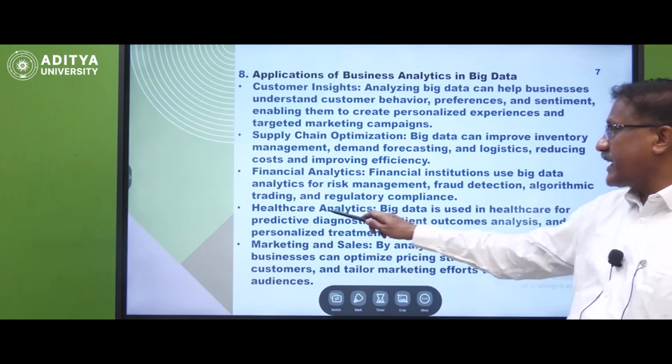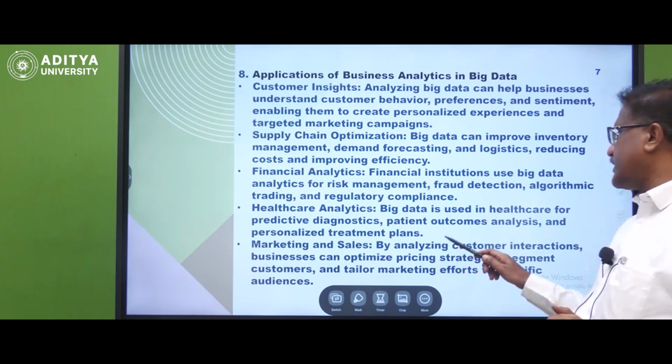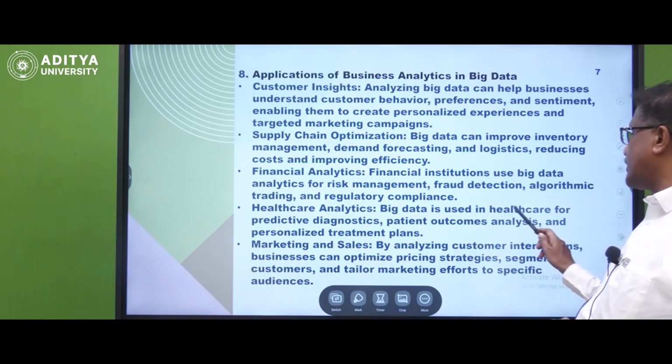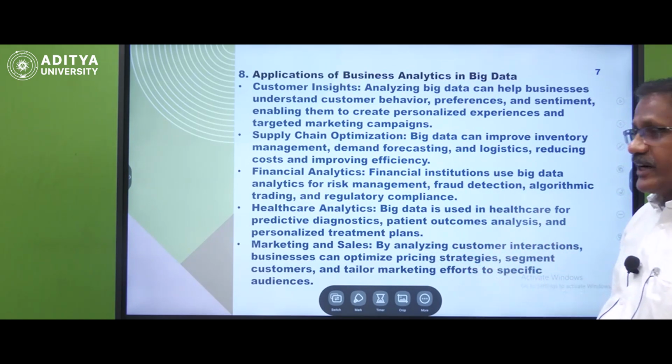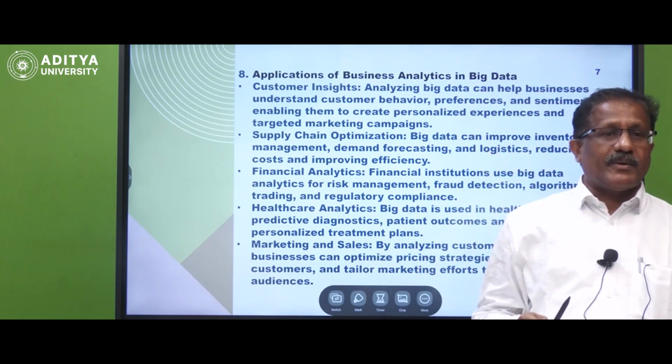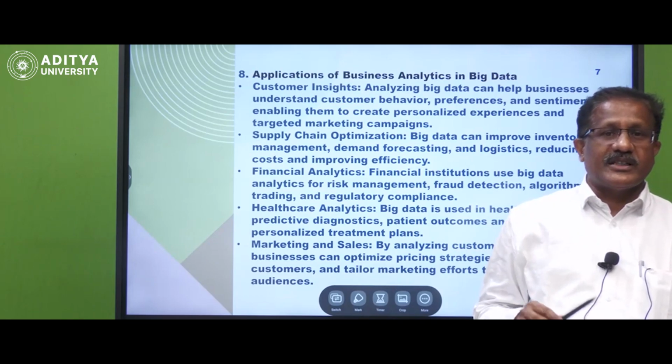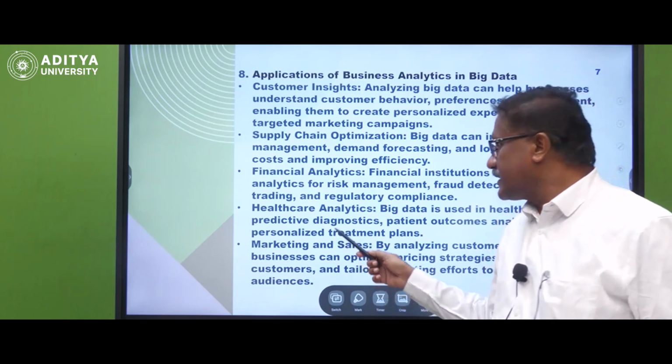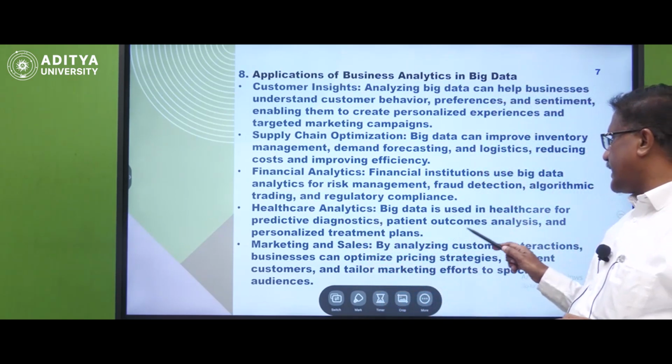Another one is healthcare analytics. As we already know, big data is used in healthcare for predictive diagnostics. I already told you, if you go to any doctor, first understanding the patient's problem is very important, and only then will the treatment start.